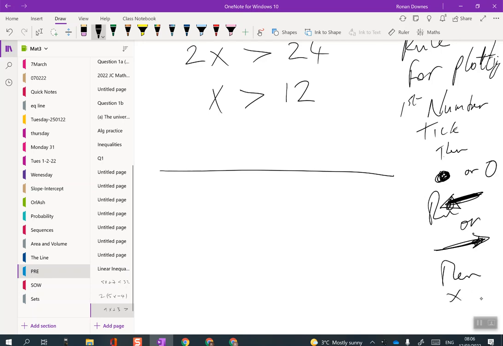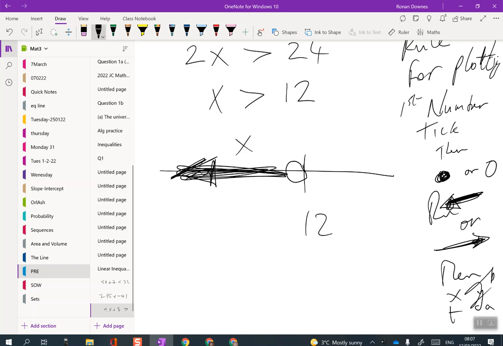Or Y or T or A or B or label, whatever. So tick with a 12, hollow, solid, arrow, if it's not a sandwich, an X.